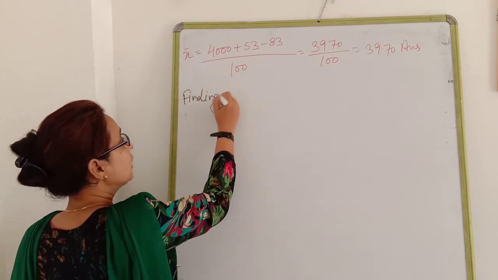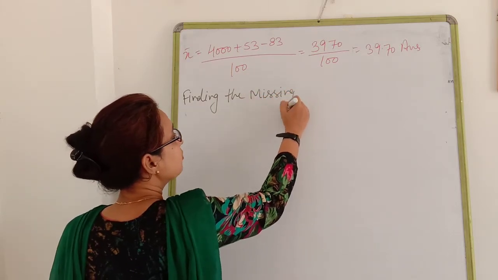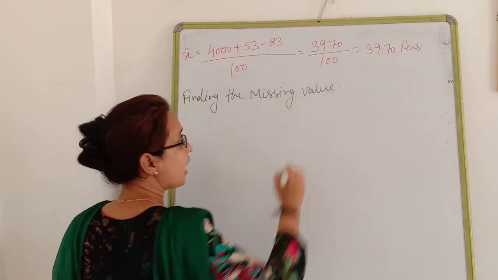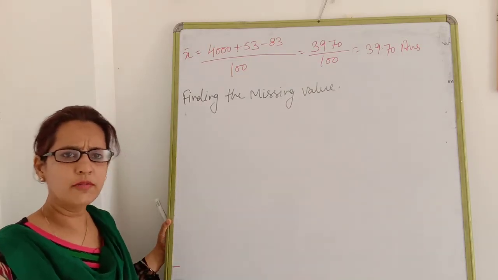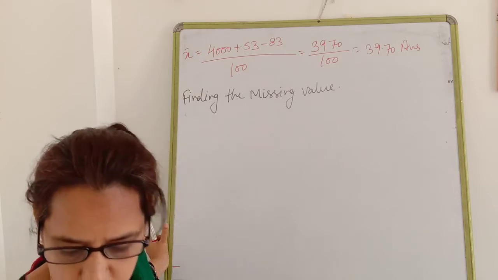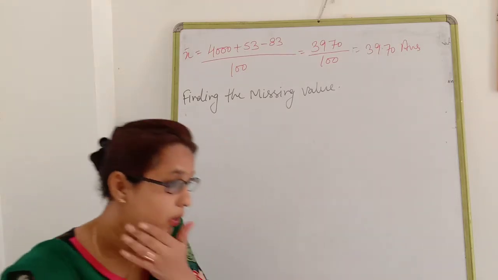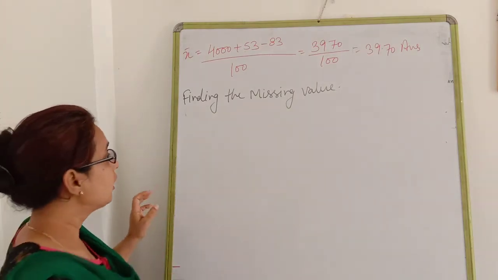Finding the missing value. Sometimes it happens that a value is left out. In that condition, what can we do? We can find out that value from the correct mean. Now how can we find it out?